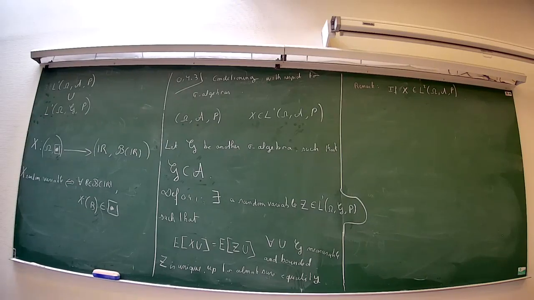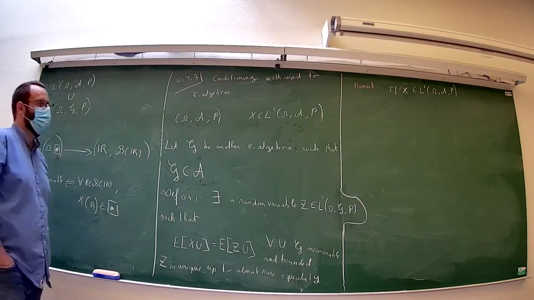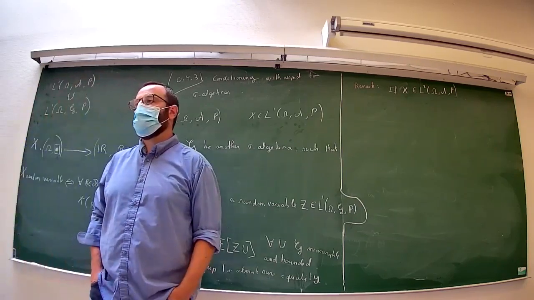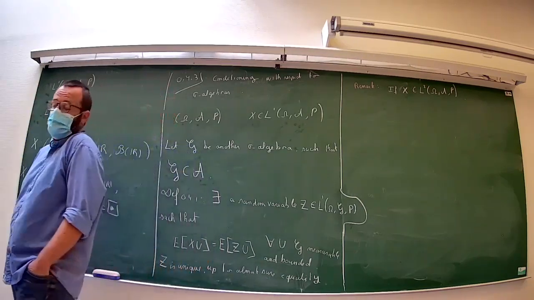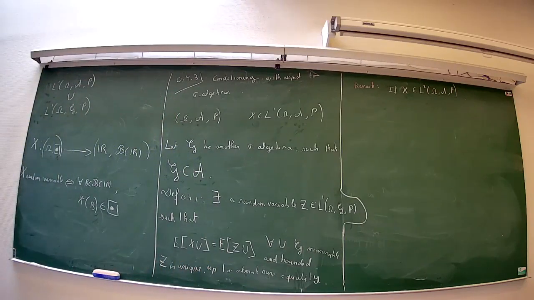You know that all the L^p spaces are Banach spaces, that are vector spaces that are complete. But for L2 I have more structure than this.